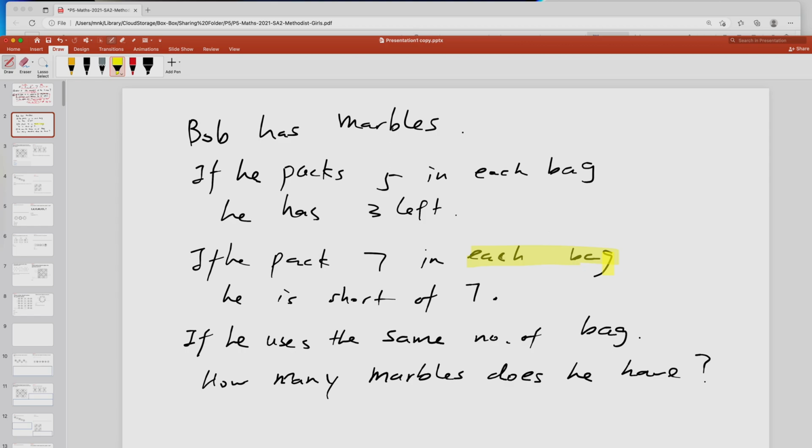So remember when you move things over, then you change the sign. If you don't move, just bring it down.